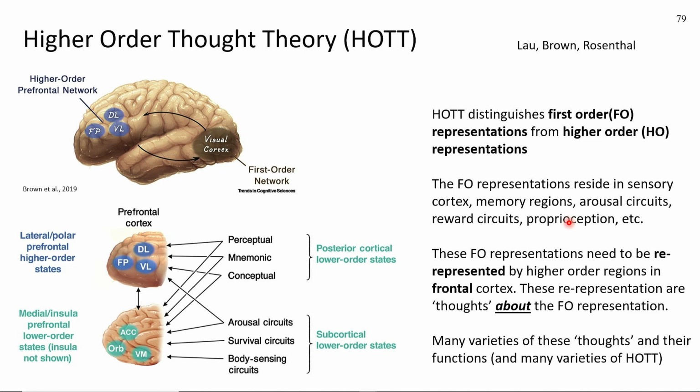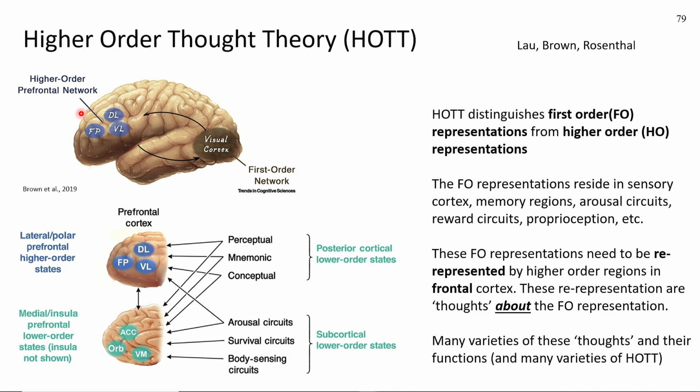And so one of the other theories that's investigated in these Templeton adversarial collaborations is what's called higher order thought theory. Now, of course, I have no time at all to deal with this theory. But the basic idea there is also, you have these first order representations, which are all nice, but it only becomes really conscious when you have a higher order re-representation, which is typically thought to sit in frontal cortex.